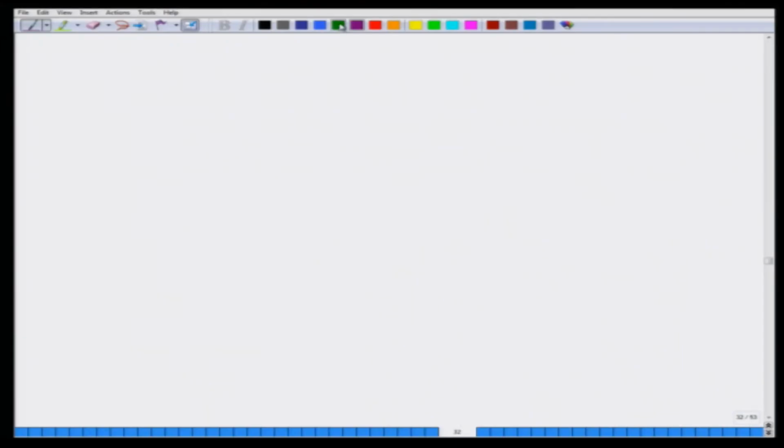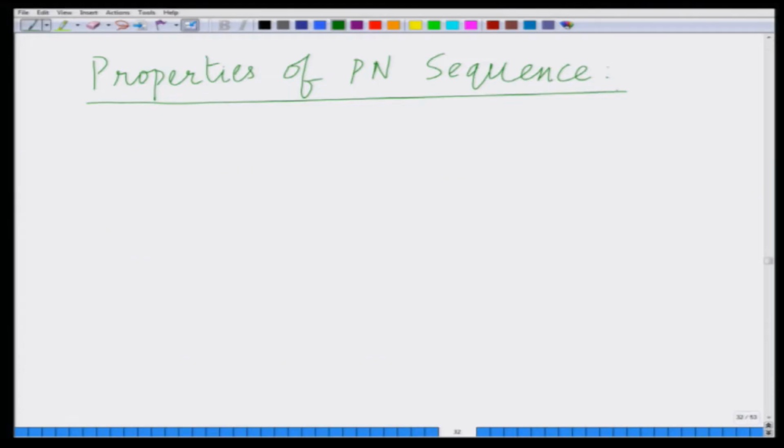Now, to understand properties of CDMA better, let us examine the properties of this PN sequence. Now, let me write this PN sequence.